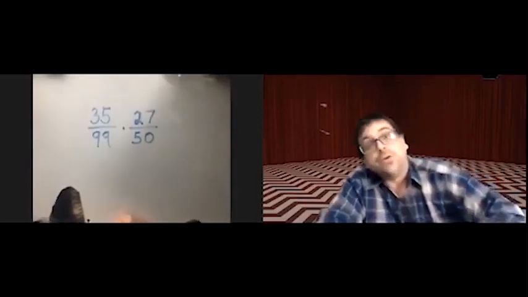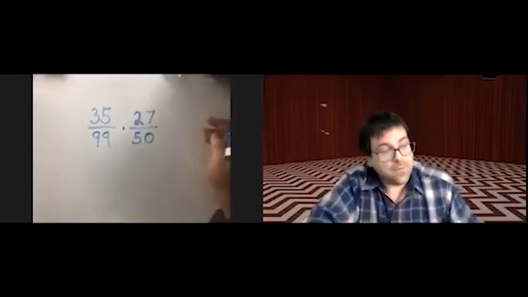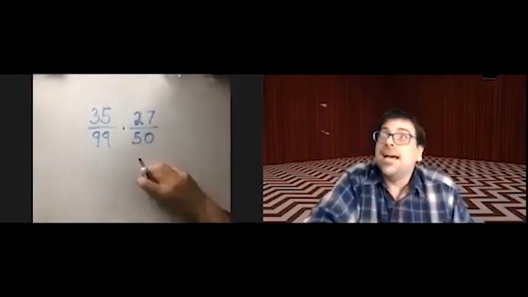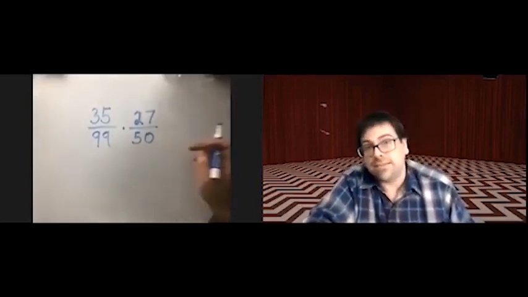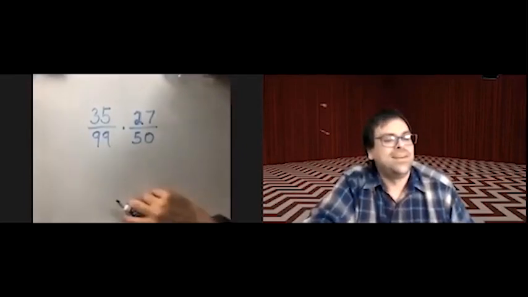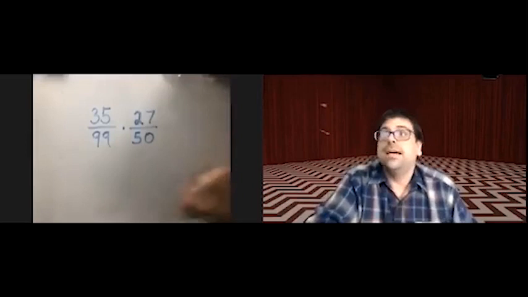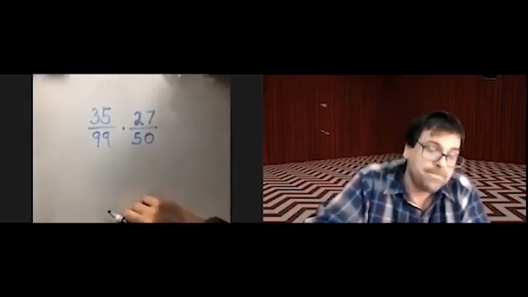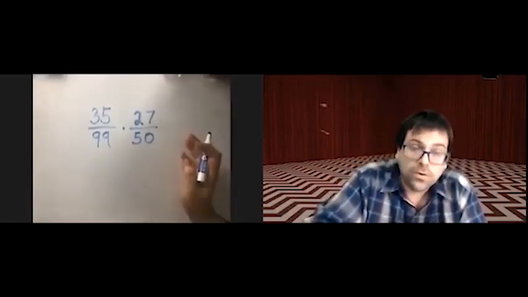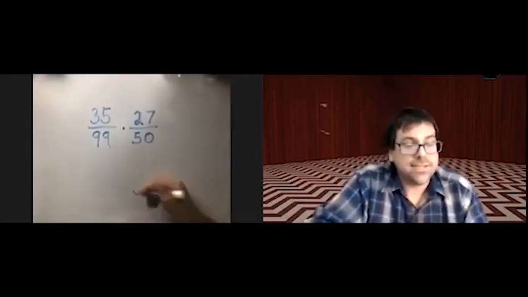Now again, here you could do 35 times 27 is a really big number. 99 times 50 is an even bigger number. And then you would be responsible for reducing it all the way down to our correct answer. Or you can start looking for things to cancel.